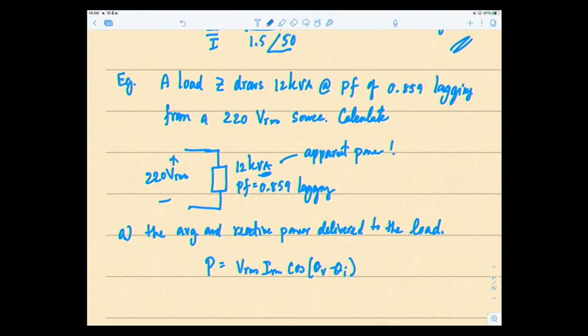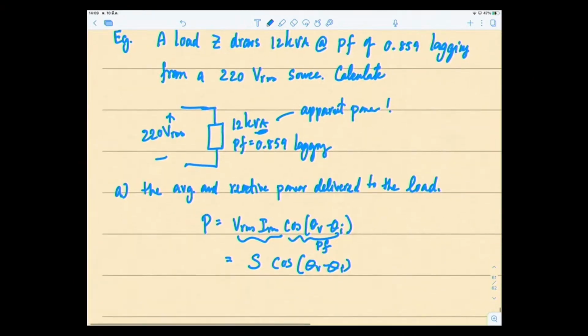So you know that VRMS IRMS is your apparent power, so it's S times cos(theta V minus theta I). And you know that this is the power factor, so it's actually S times the power factor. It's the average power.